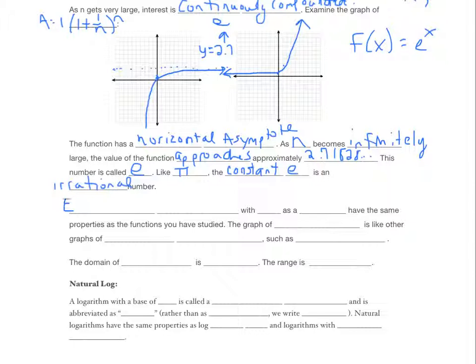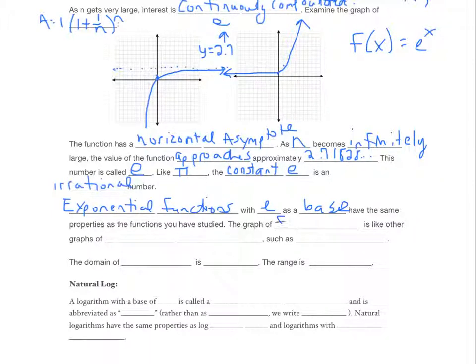So exponential functions with e as a base have the same properties as the functions you have studied.